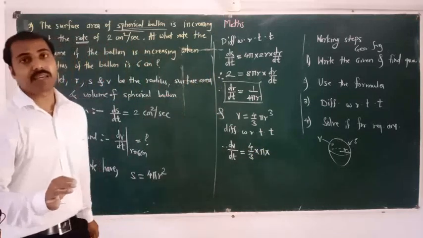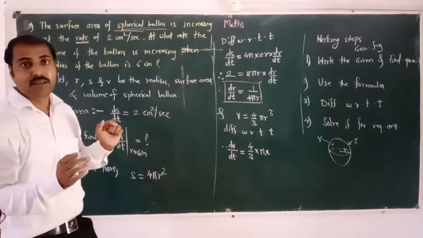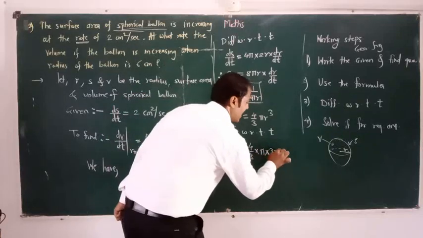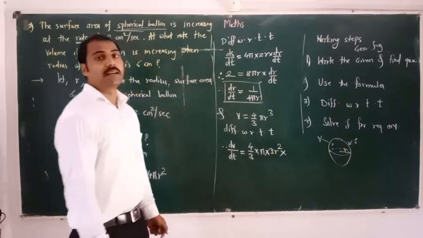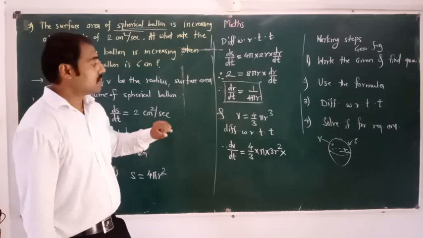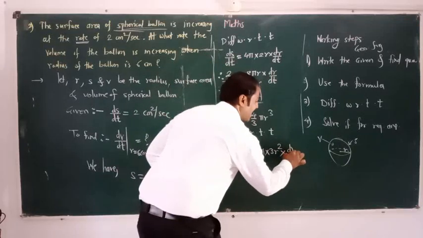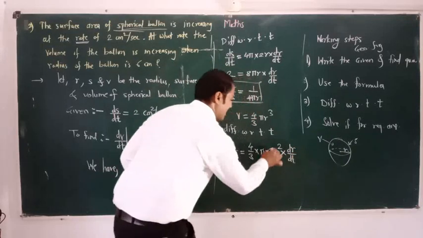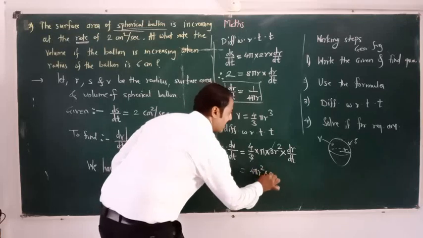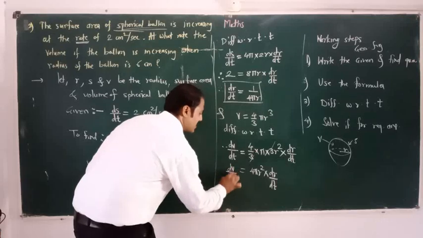Now tell me, the radius is also increasing, which means it is a variable. The derivative of r cube with respect to r is 3r square. But we are differentiating with respect to t, so multiply it by dr/dt. This 3 gets cancelled: dV/dt is equal to 4 pi r square into dr/dt.